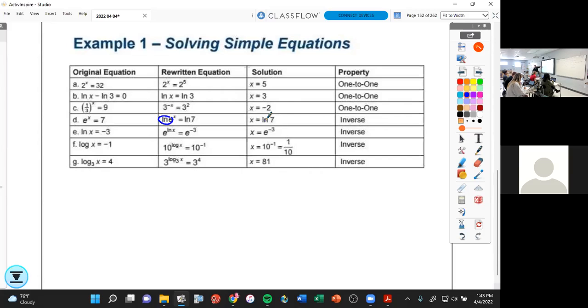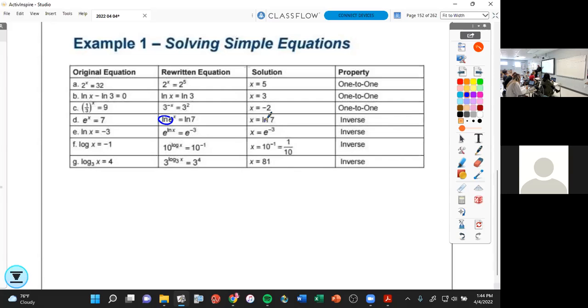E, F, and G are basically the same. I have 3 problems with 3 different bases. I have a natural log, a log base 10, and a log base 3. If I have a log, to get rid of the log, you use the base and make the log the exponent. So an example, E. The base happens to be e. So natural log of x equals -3.